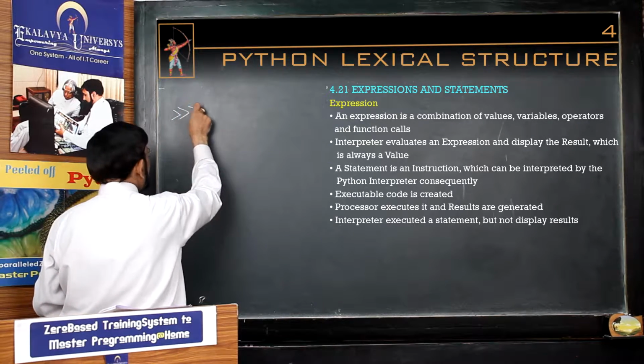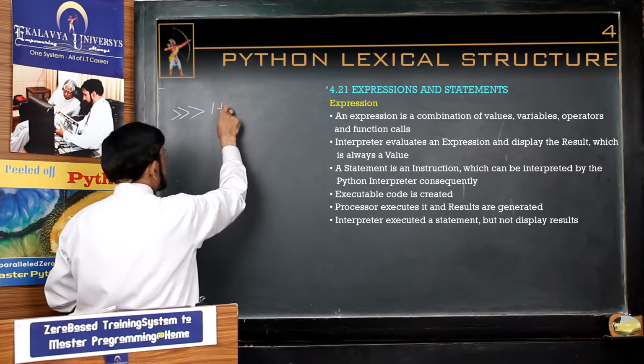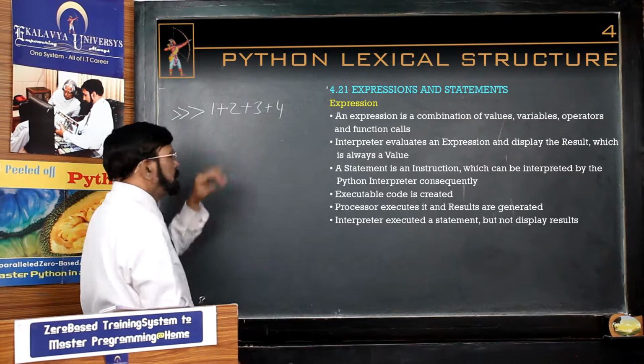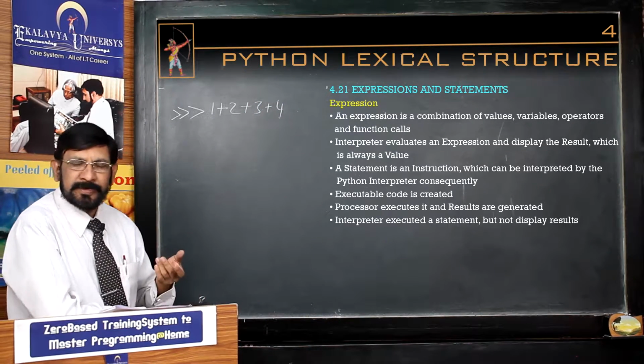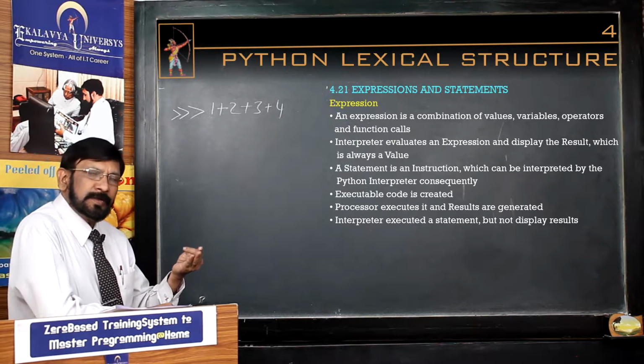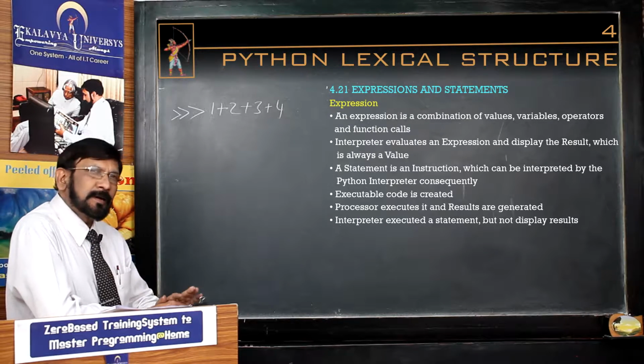Now you see, this is the command line. I am writing an expression. According to the definition, how will it be an expression? An expression is a combination of values or variables or function calls or operators.